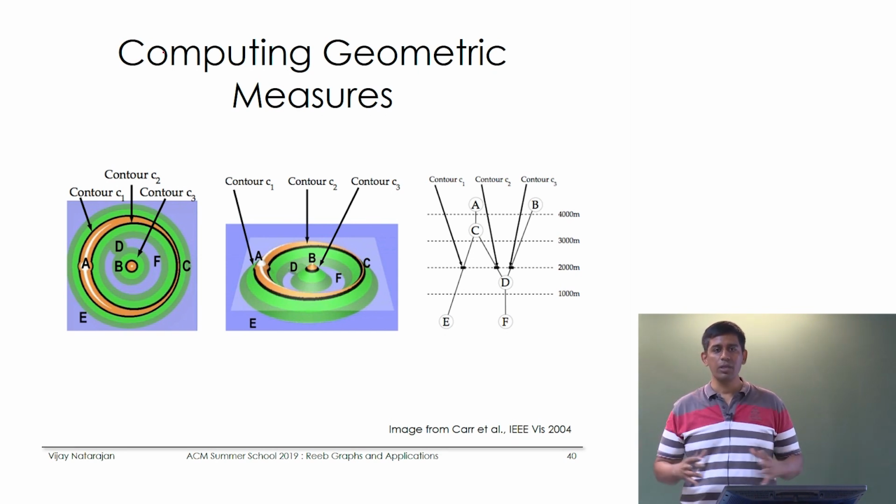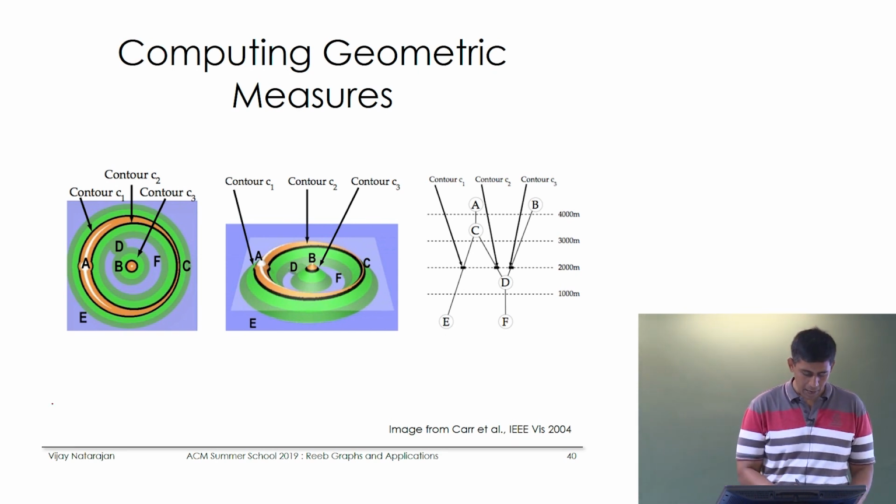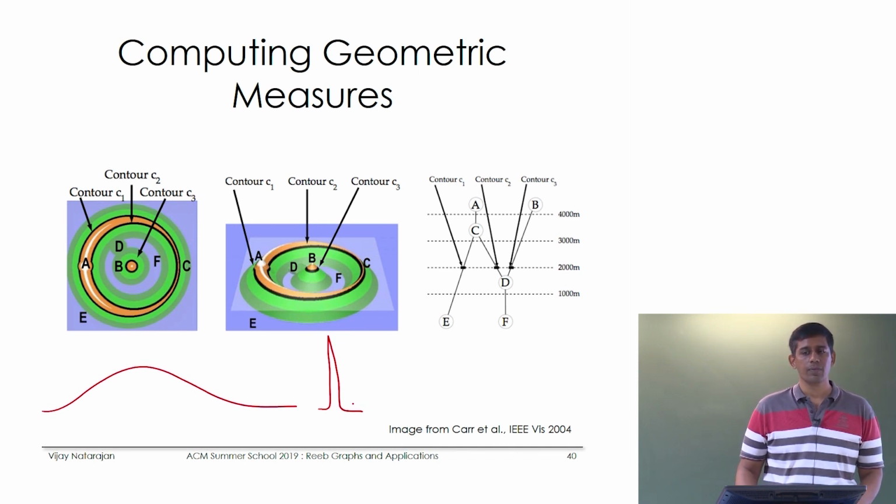You have a mountain like that. This mountain will be called a small topological feature as compared to something like that. Whereas, in some applications you may not want this one, you may want to remove that, maybe because it is an outlier. The question is, how do you do that?